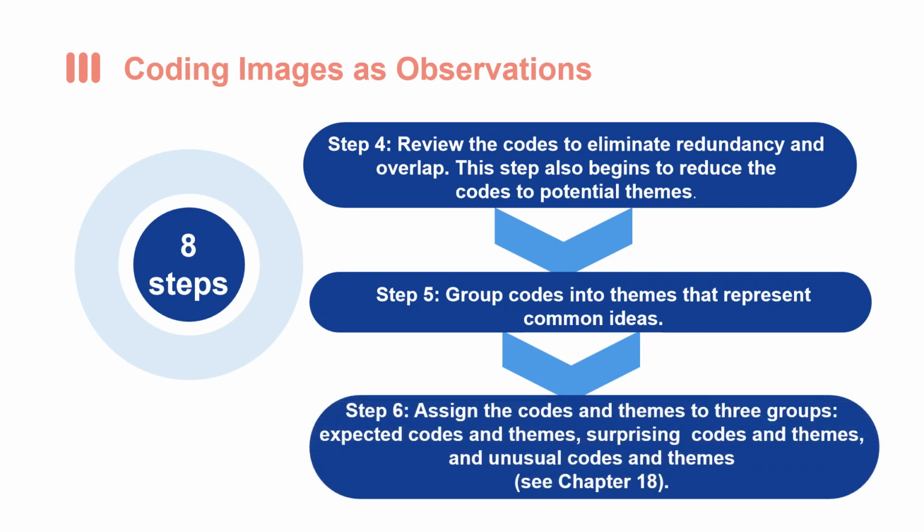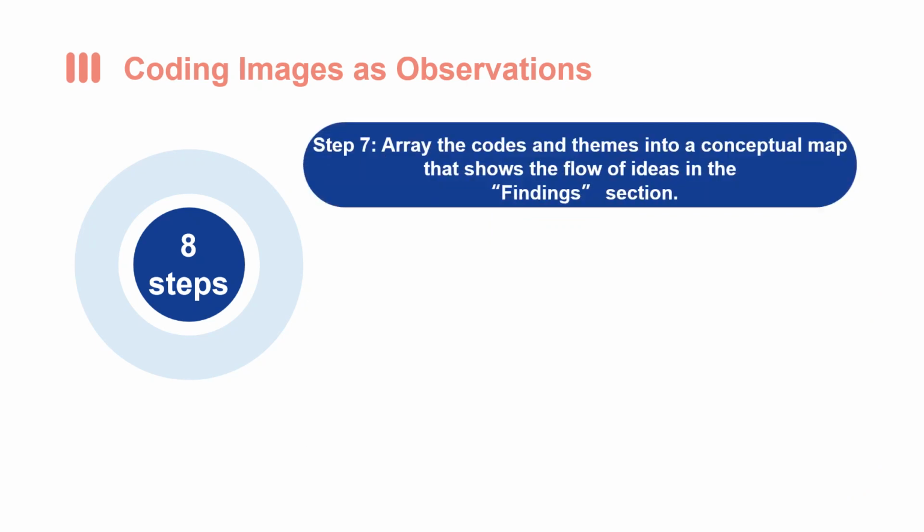Step 6. Assign the codes and themes to 3 groups: expected codes and themes, surprising codes and themes, and unusual codes and themes. The following is Step 7.